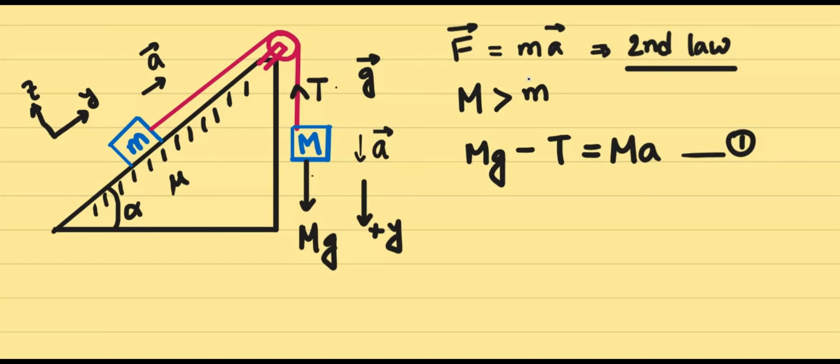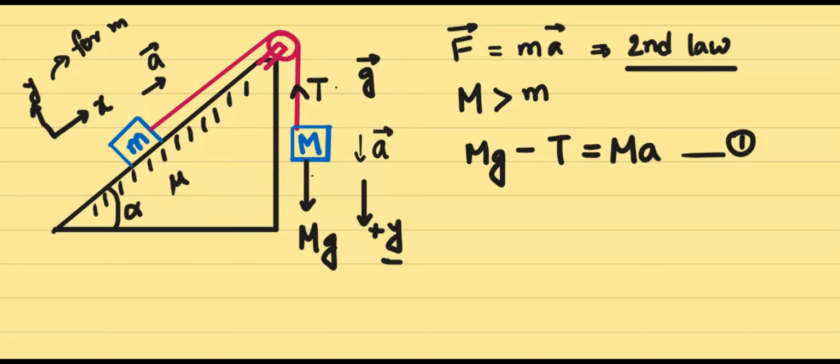This is only applicable for small m. I could have also called this side x and that side y. This y is of course different from the y for the capital M.